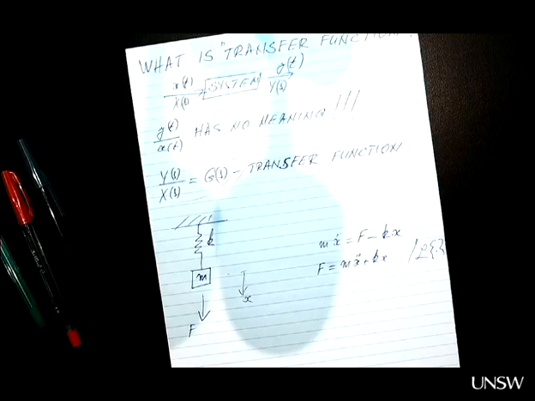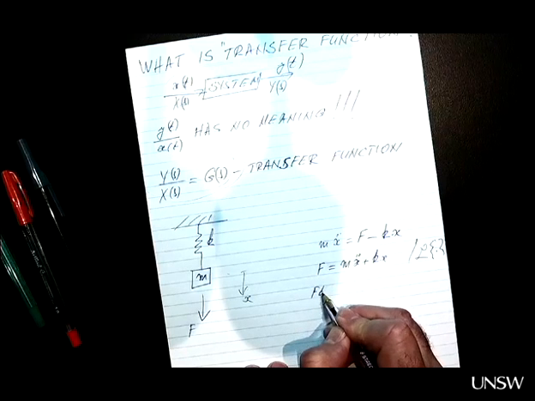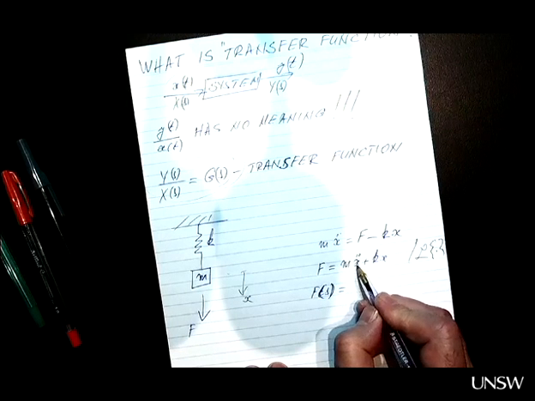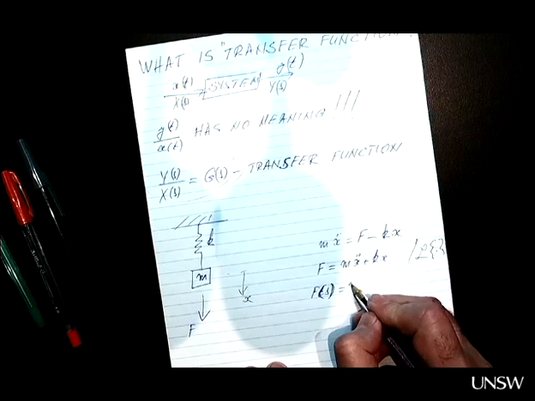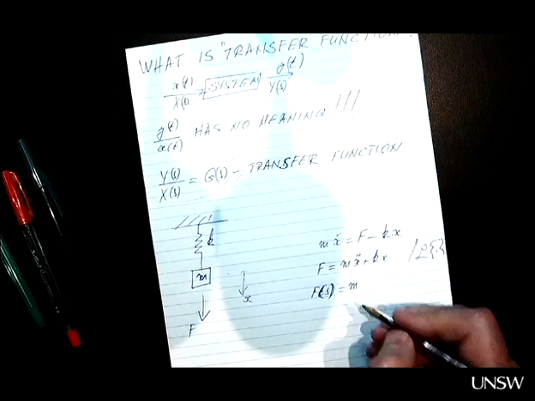Laplace transform of f of t will now be only F of s. Laplace transform of mx double dot, m is a constant, but because of the double derivative, you will have s squared times X of s.